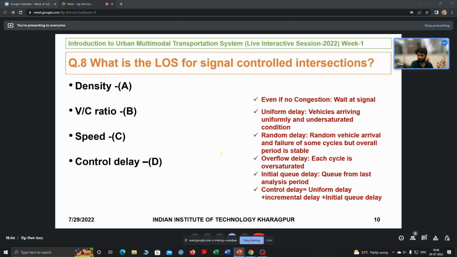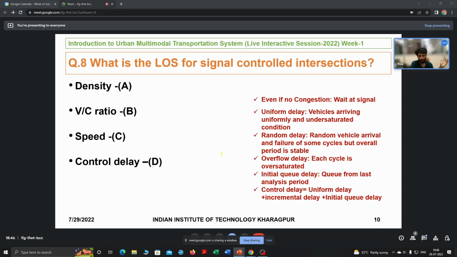So then what is the random delay? Suppose you have a 15 minutes interval of your time period, but your cycle length for a particular signal is 60 seconds, right? So there will be many cycles within that 15-minute analysis period, right?